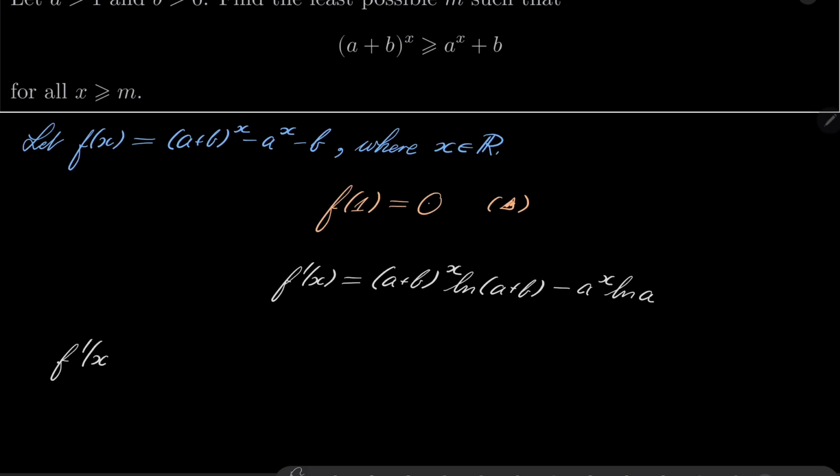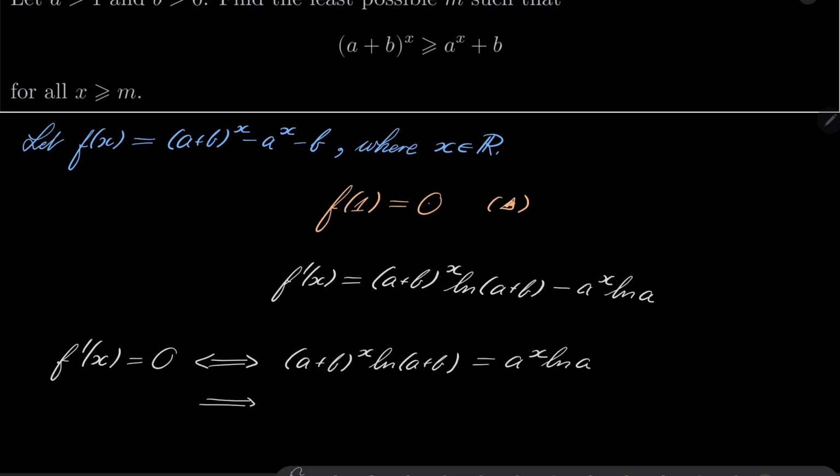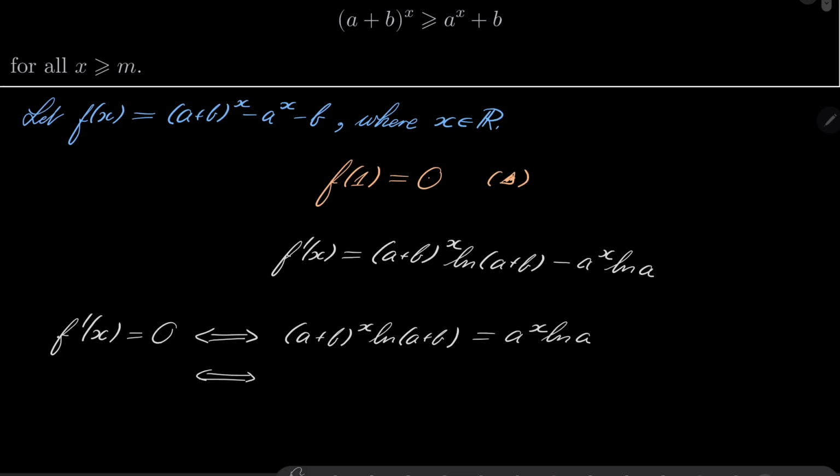Notice that f prime of x is 0 if and only if (a plus b) to the power of x times natural log of (a plus b) equals a to the power of x times natural log of a, and this is equivalent to saying that ((a plus b) over a) to the power of x equals natural log of a divided by natural log of (a plus b).